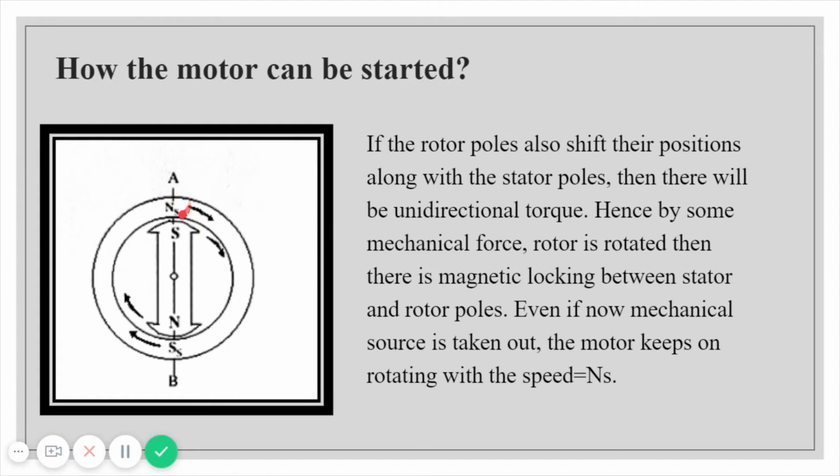So this NS is the stator pole and S is the rotor pole. So there will be a magnetic locking between them, between stator and rotor pole. And even if the mechanical source is now taken out, the motor keeps on rotating with the speed Ns, that is, synchronous speed.